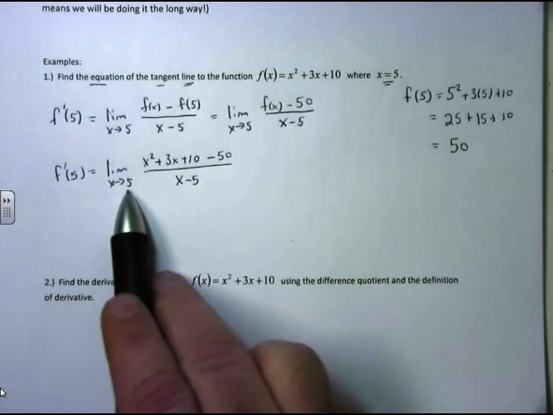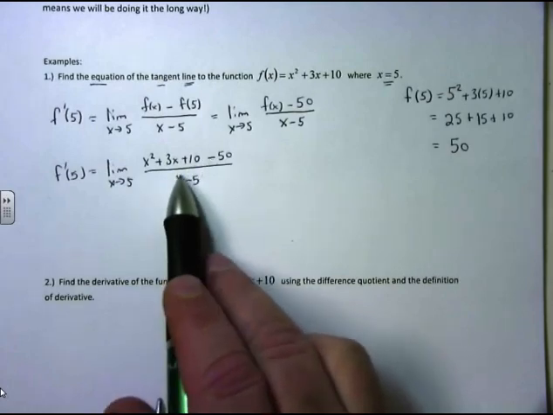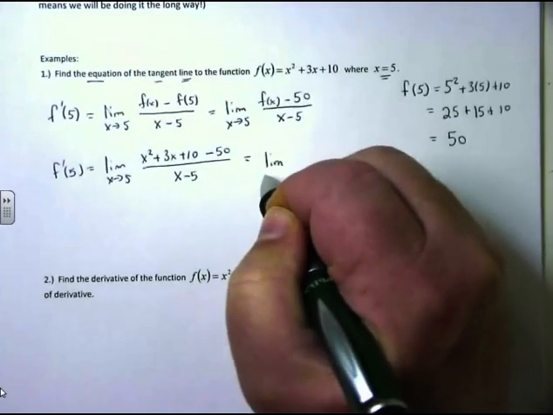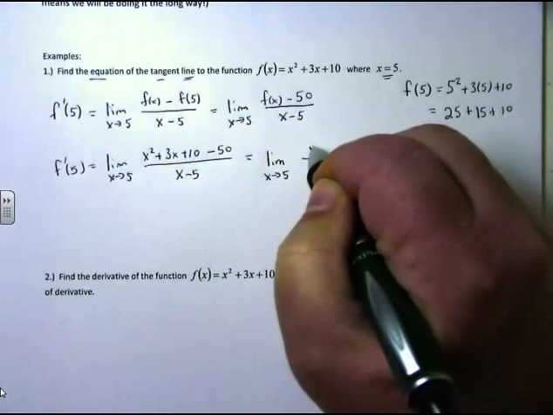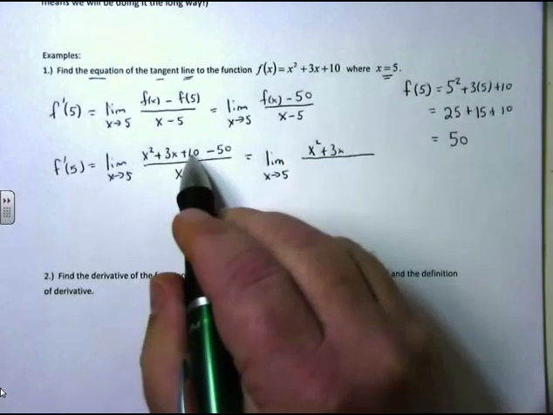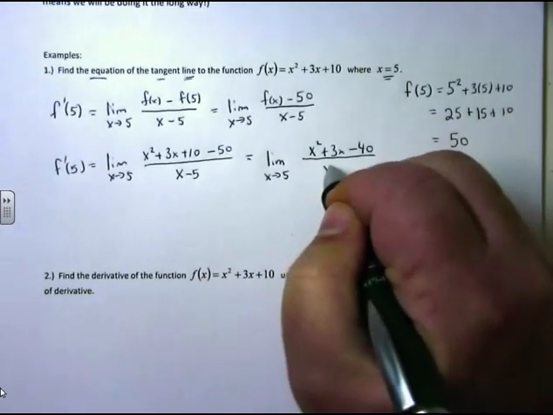If I plug in 5 right now, I'm going to end up getting 0 divided by 0, which means I'm going to play algebra on this thing. Well, the first algebra I'm going to play is combine like terms. So this is equal to the limit as x approaches 5 of x squared plus 3x, and I've got a 10 minus 50, which makes it minus 40, over x minus 5.